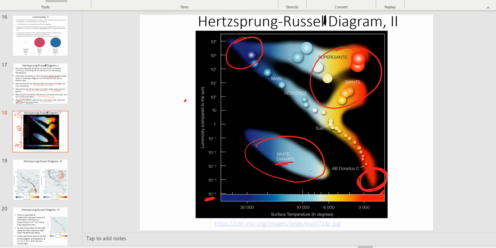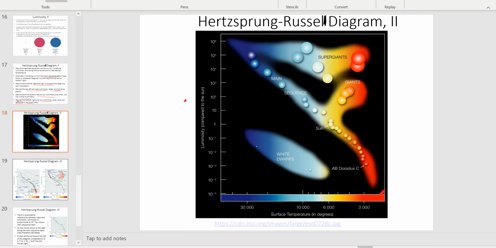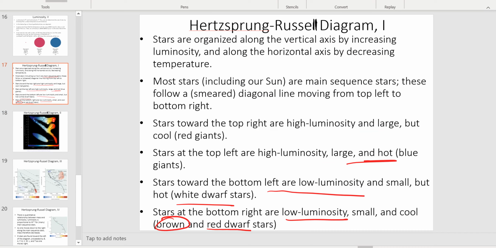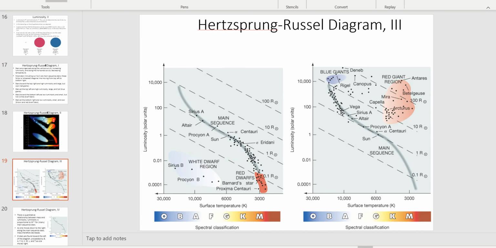I want to show you a couple other depictions of the HR diagram and talk about some of the different components, again, of the diagram, different stars that are on there, just to emphasize. So these two figures here are both depictions of the HR diagram.